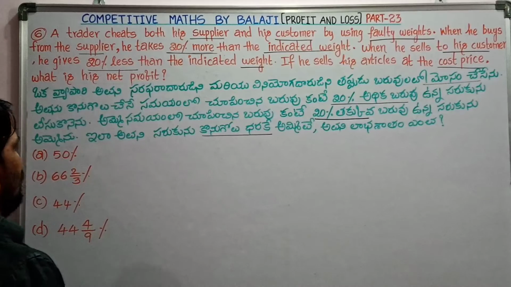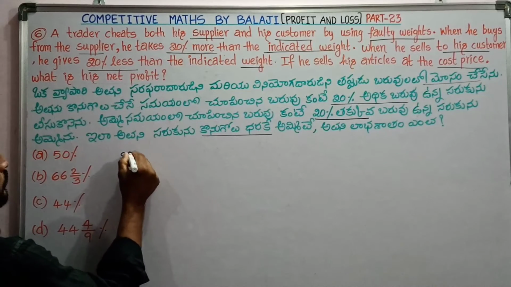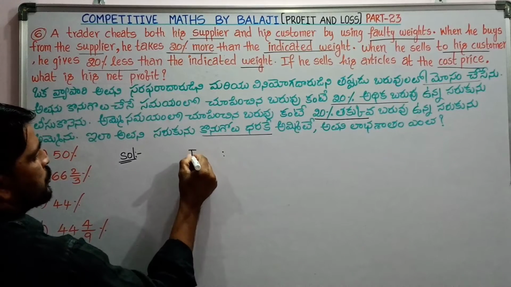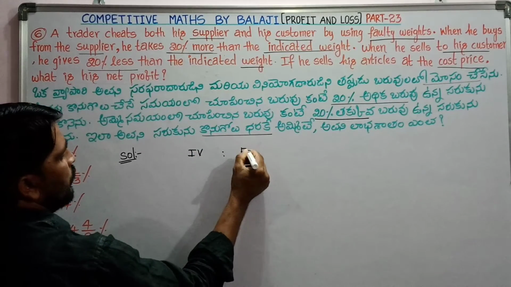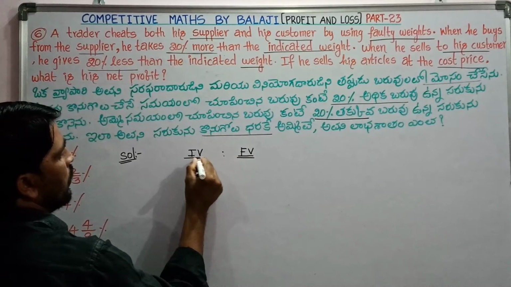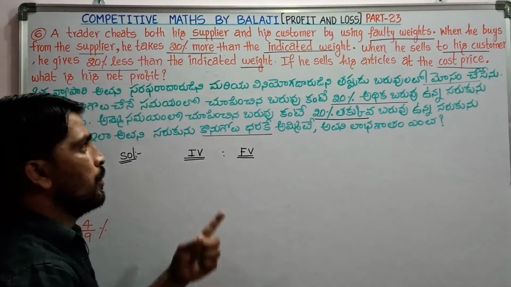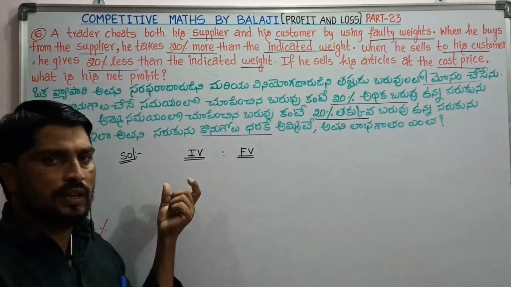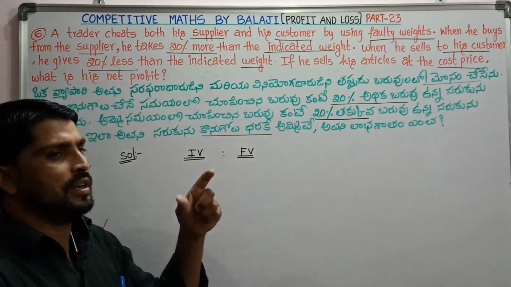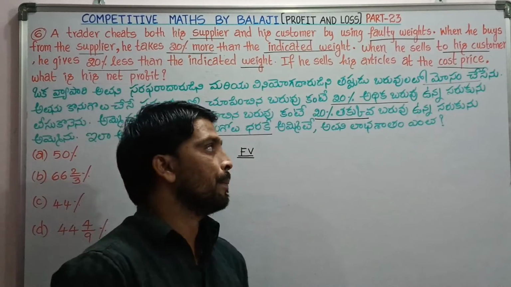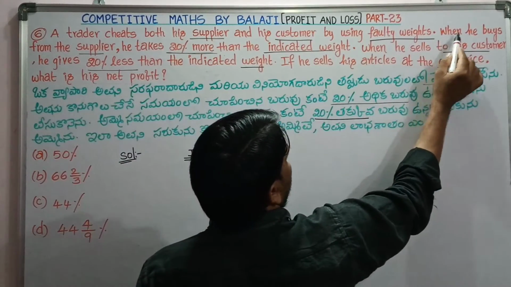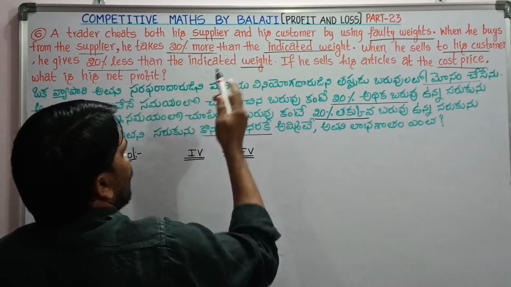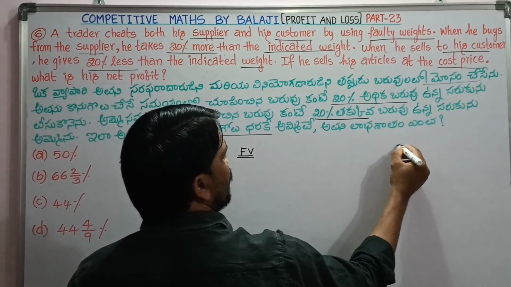Let us see the solution. Consider the ratio of initial value to final value. We know from part 22 of profit and loss that initial value is always the lesser value, and final value is always the greater value. When he buys from the supplier, he takes 20% more than the indicated weight.